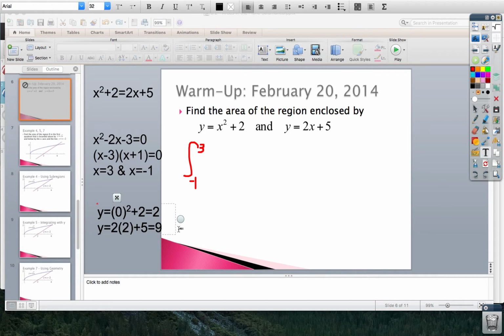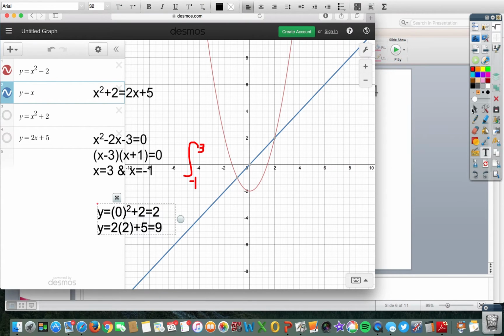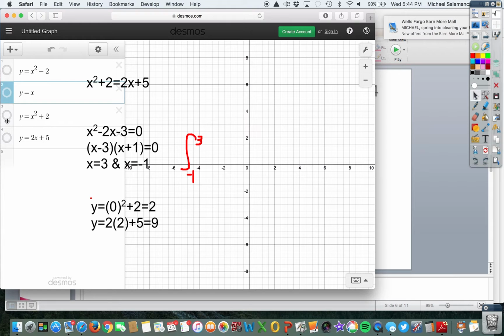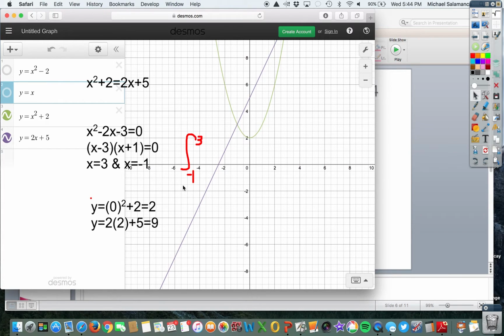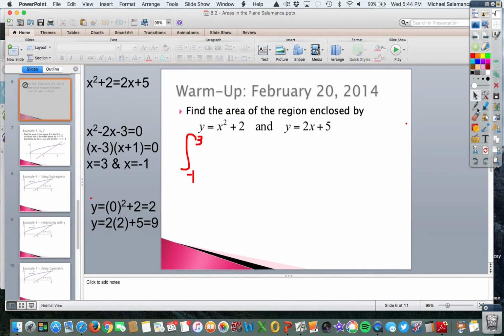So we know that 2x plus 5 is above x squared plus 2. Just to confirm that, let's go ahead and graph both. So if you take a look, our line is above that quadratic. So we're going to go back to doing our thing.